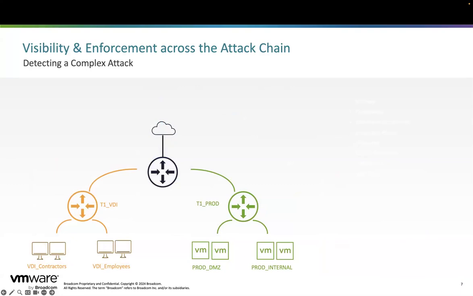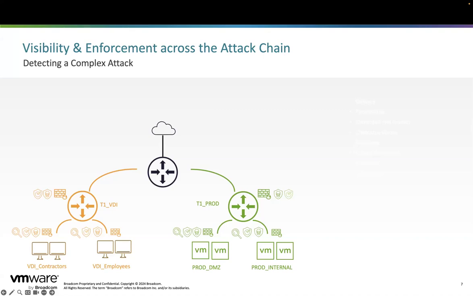Detecting a complex attack. We've seen this slide before, and we'll review it again, looking at the security features we get through vDefend. We've got our different tenants here, our orange and our green. We've got our tier 1 devices that provide firewalling capability and some additional malware detection and IDS IPS. And then for our individual virtual machines or virtual desktops, we have firewalling, IDS IPS, NTA, NDR, all of the security features.